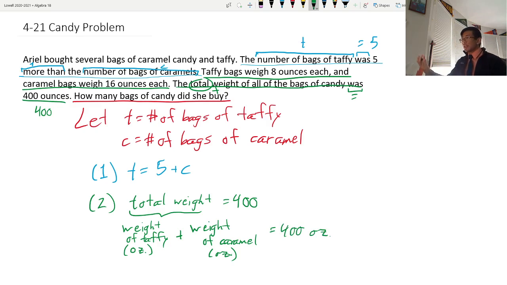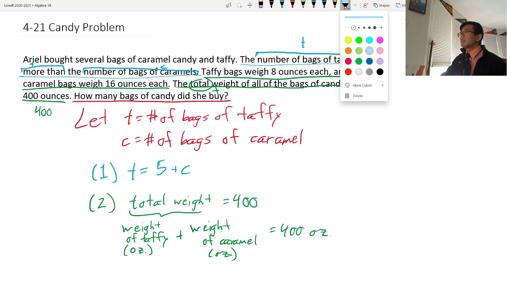Okay, well, if that's true, the question is now, how do we know the weight of the taffy? Because we don't know that. Well, this is where we go back to this. I'm running out of color. It's getting a little bit messy here, so I'm going to highlight this in yellow.